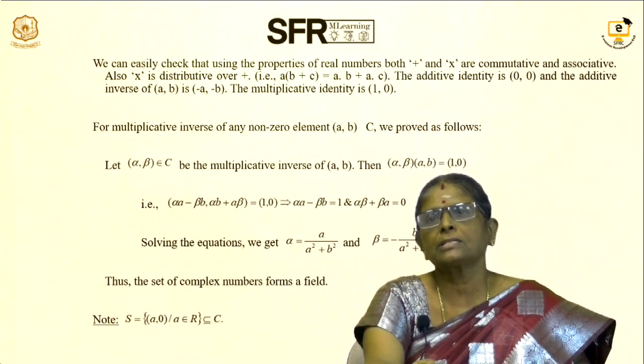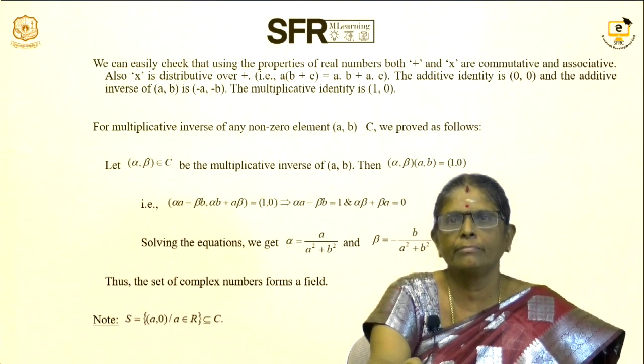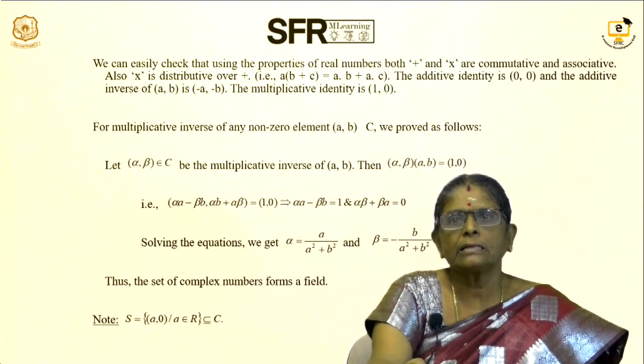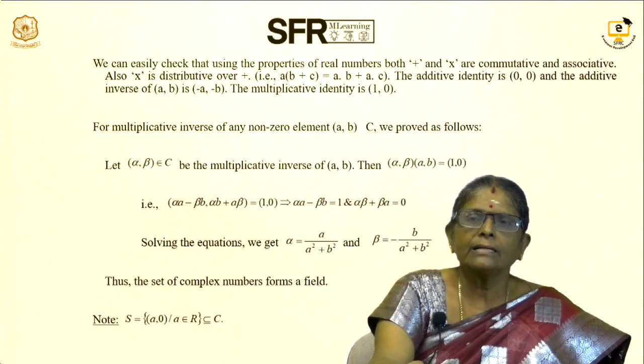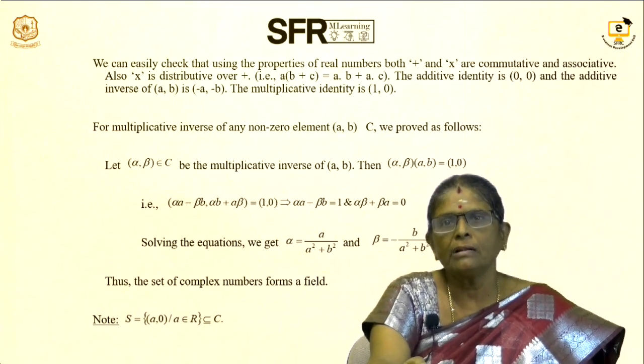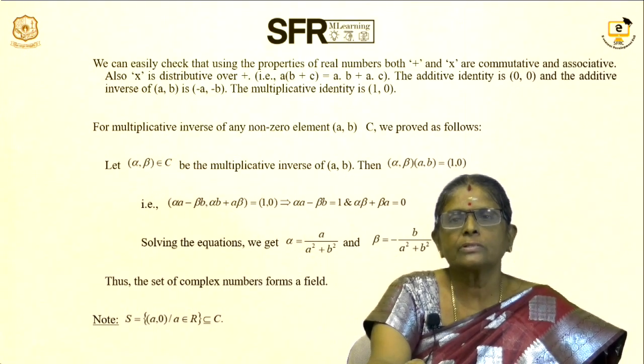Apply the multiplication definition, and you can find the inverse elements alpha and beta. Therefore, the set under addition and multiplication satisfies all the conditions of a field. Therefore, the set of all ordered pairs of real numbers forms a field.